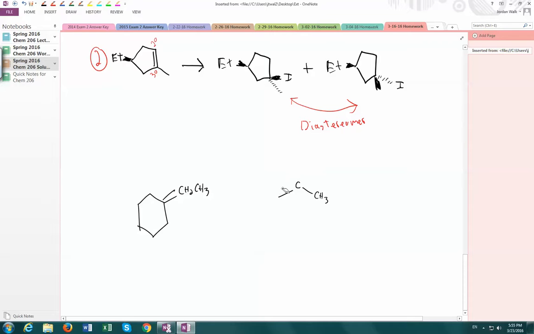Basically, we're talking about how we figure out whether something like this is E or Z. If this is a hydrogen, you just prioritize your groups like any other. How do you know hydrogen is there?